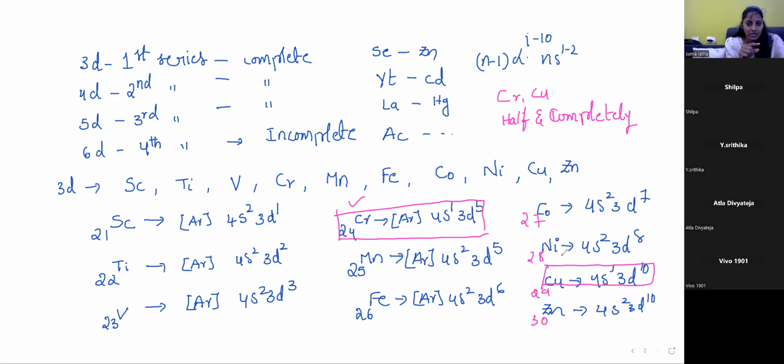That is why the electron easily enters the d orbital. So we are not saying it is an excited state electronic configuration. We are saying it is the ground state electronic configuration due to stability. A half filled configuration is more stable, and a fully filled configuration is also more stable.